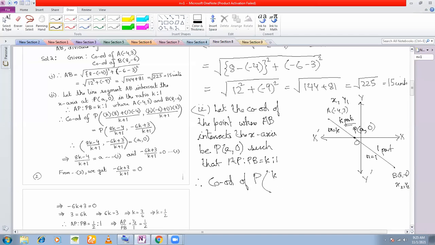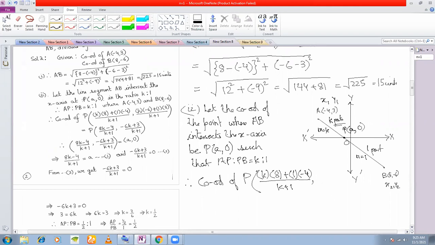So m x2 is 8 plus n x1 is minus 4 divided by m plus n, k plus 1, and the y coordinate will be, write down, m y2 plus n y1 divided by m plus n. Okay, this is your x and the y coordinate.